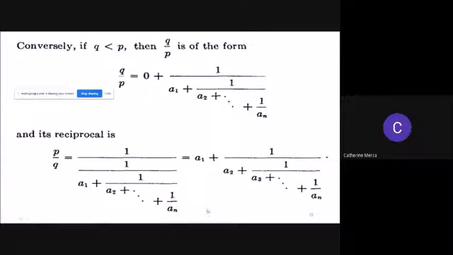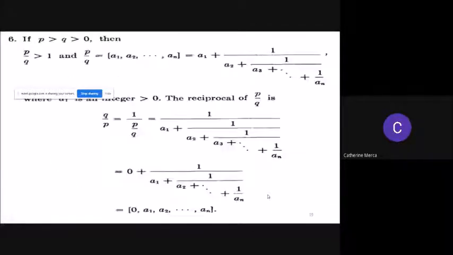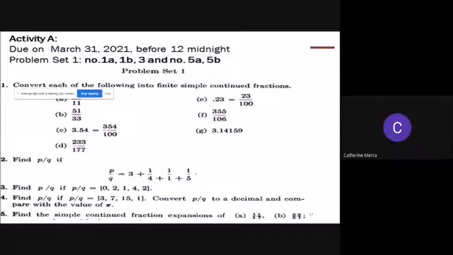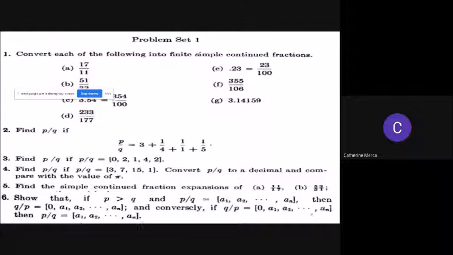Our problem is this one. Number 6: show that if P is greater than Q and P over Q is equal to this quantity, then Q over P equals 0, a1, a2, and conversely. So you study problem number 6, which already has a solution.